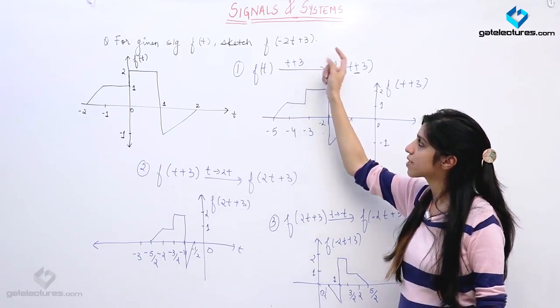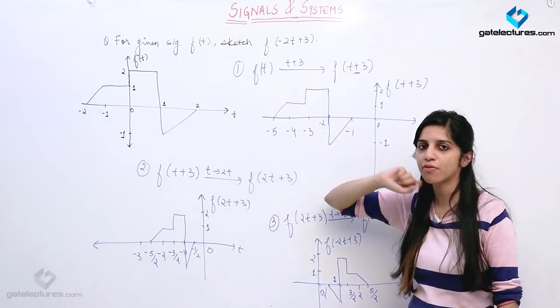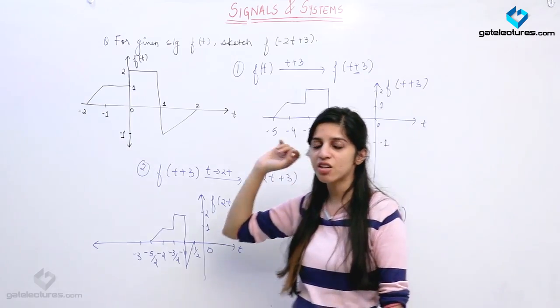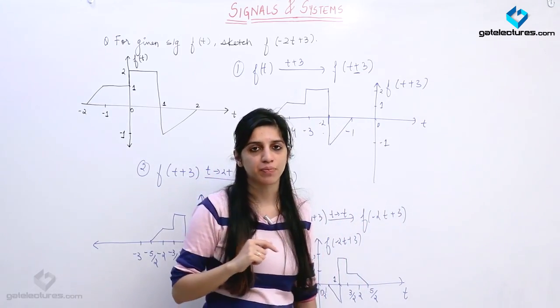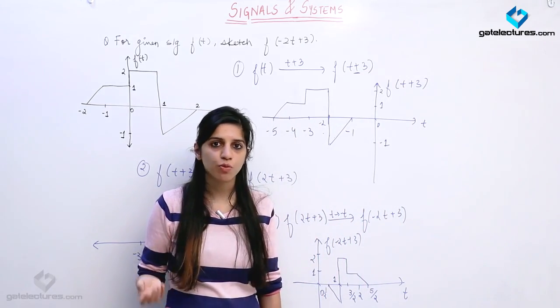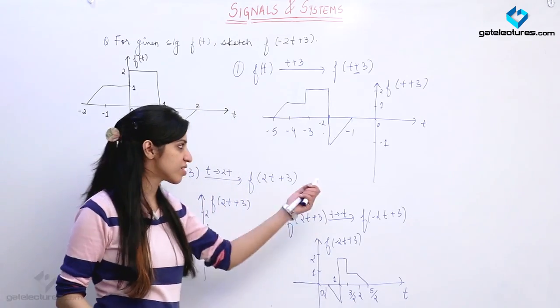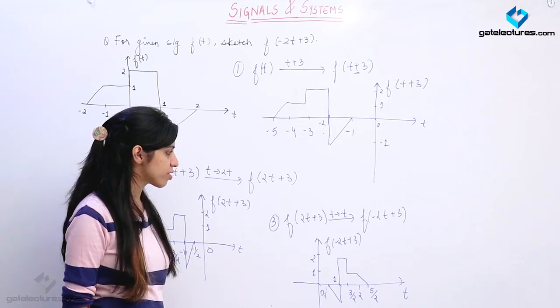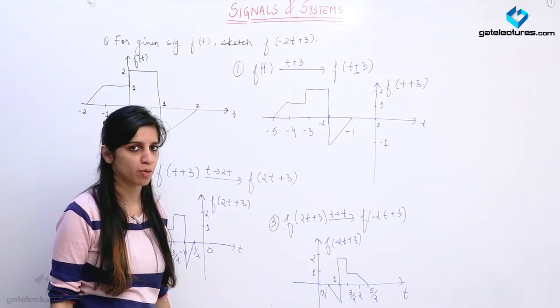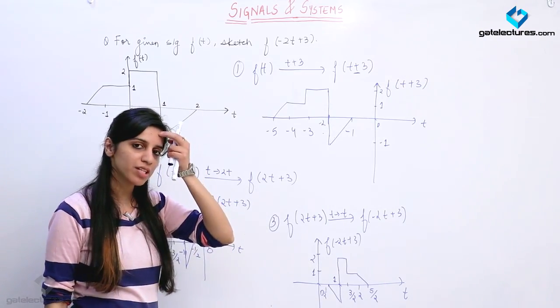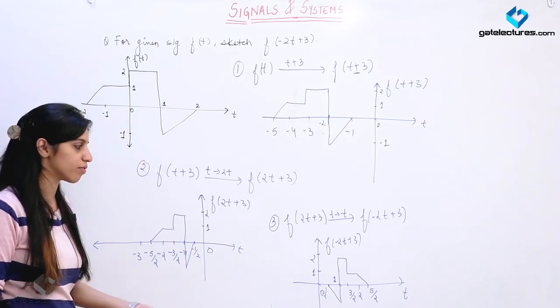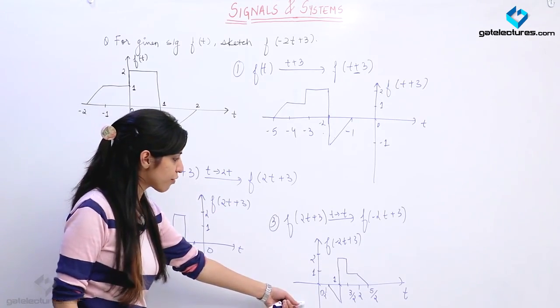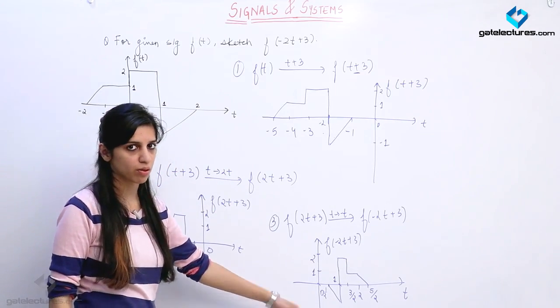Next if you want to perform shifting, you just have to take the precaution that the shift you are providing should not be 3, it should be 3 by 2. So with just a slight precaution you can change the order of the operations also. If you want to follow the same order, then also it is not a problem, okay. Natural order would be shifting first, then scaling or reversal. So this is going to be the final signal that you are going to obtain.